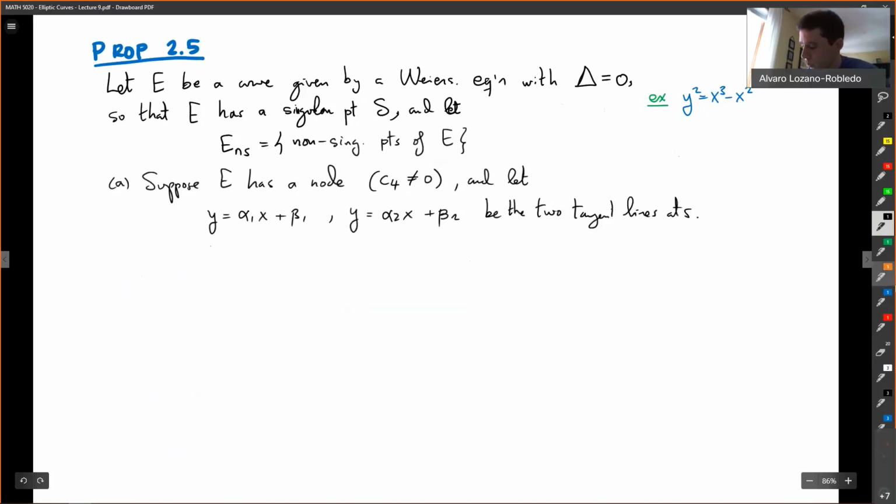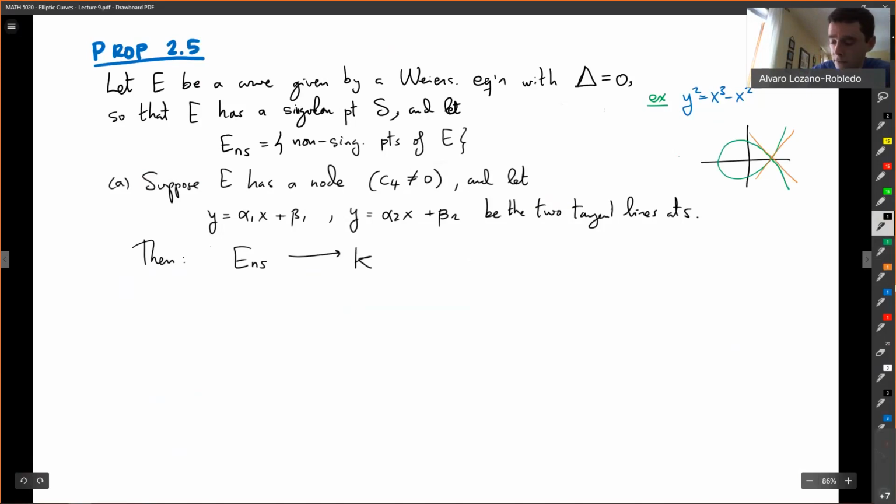at S. So we have a singularity, some crossing like this, and then there are two tangent lines, and those are the ones I'm talking about. So find those. Once you have those, it turns out that the set of non-singular points is isomorphic to the multiplicative group of K bar.